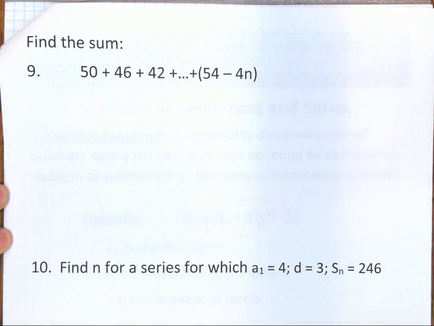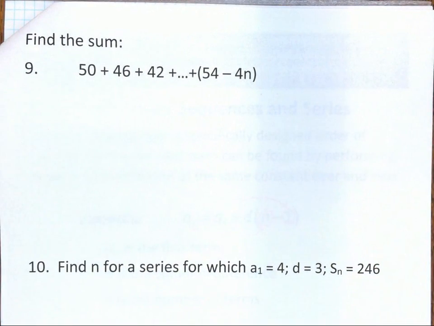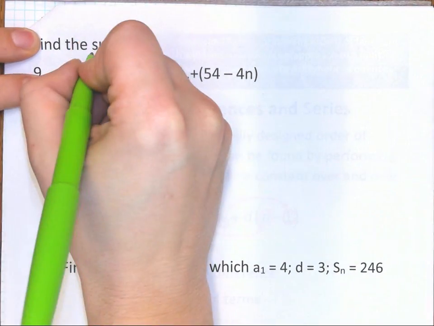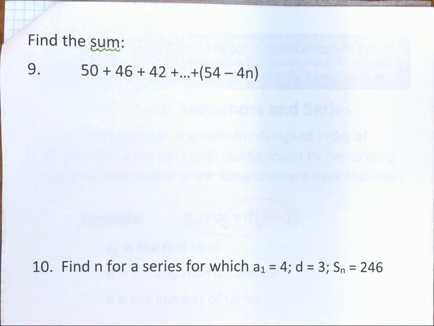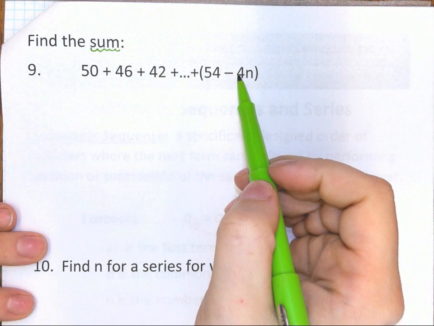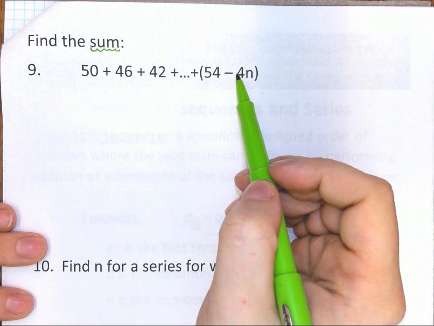Go ahead and write down number 9 for me, please. Don't let this problem frustrate or confuse you. What do the instructions say? Find the sum. So we already know that we're narrowed down to two formulas. Do not let the fact that there's a variable in here throw you off. That's okay.